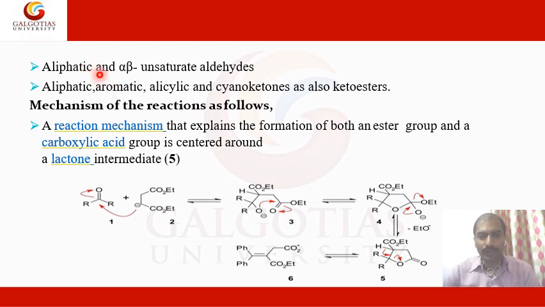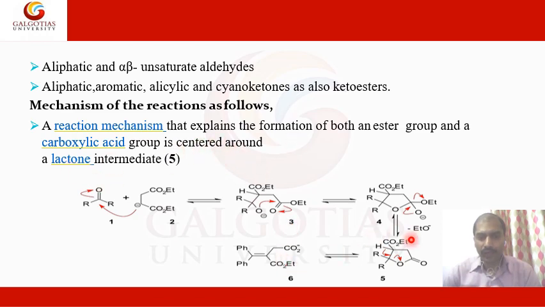The carbonyl compounds which may be used include aliphatic and alpha beta unsaturated aldehydes, and aliphatic, aromatic or alicyclic ketones; ketoesters can also be taken. As for the mechanism of the reaction, the formation of both the ester group and the carboxylic acid group is centered around a lactone intermediate.